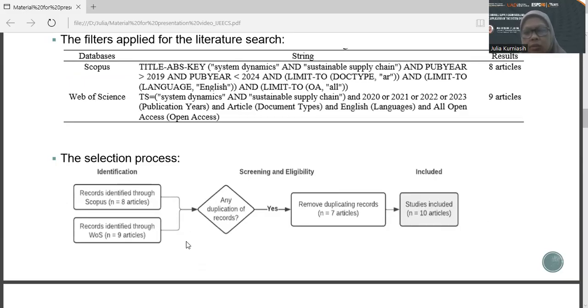However, 7 articles were eliminated due to duplication, resulting in a final selection of 10 articles.